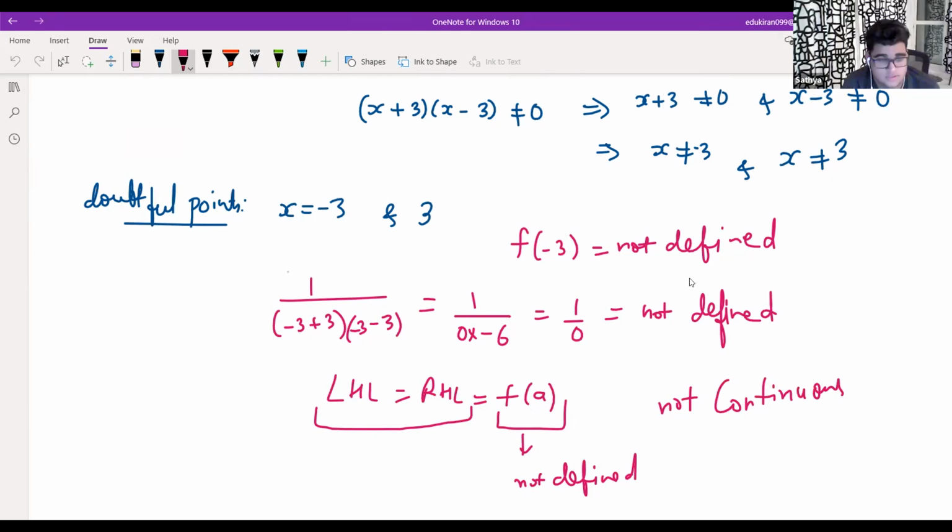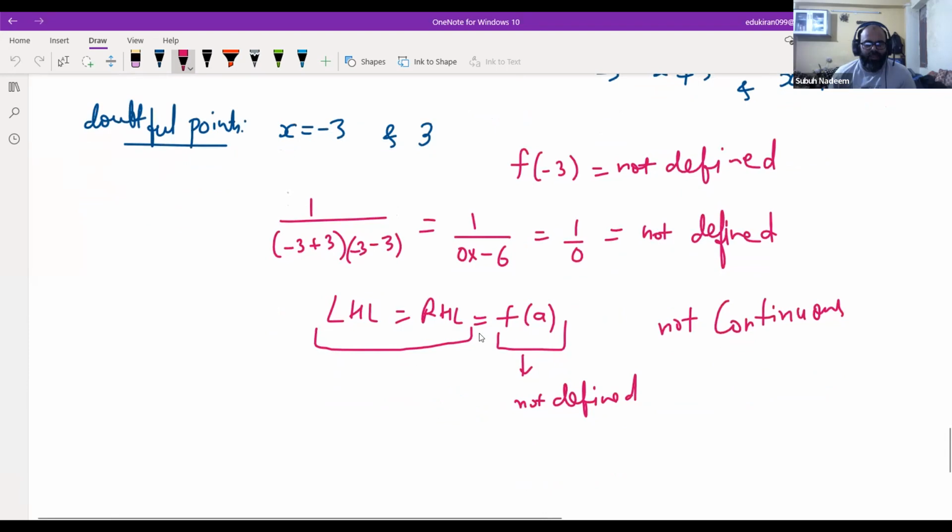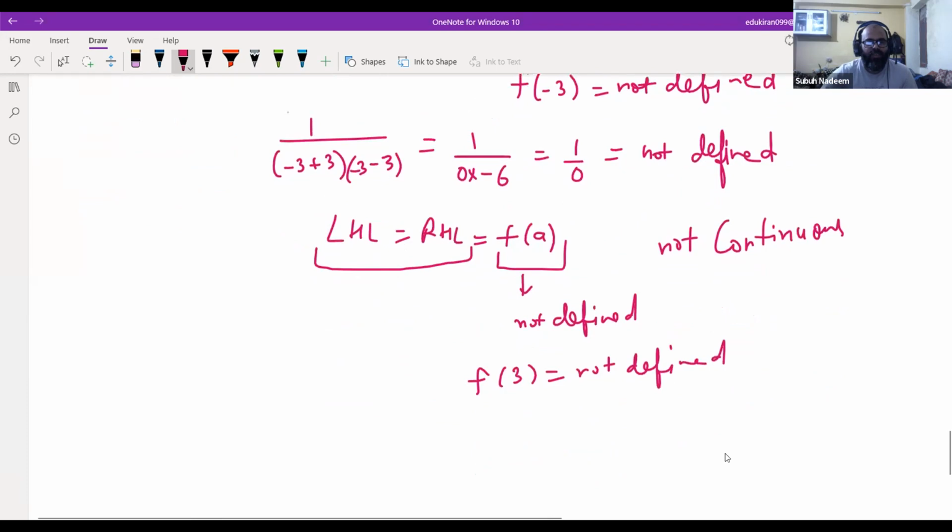Getting it? Yeah. Similarly, if you take x equal to 3 also, that is also not defined. In that case, 1 by 3 plus 3 into 3 minus 3, 1 by 6 into 0, that will be not defined here.